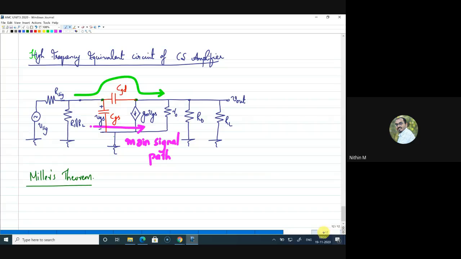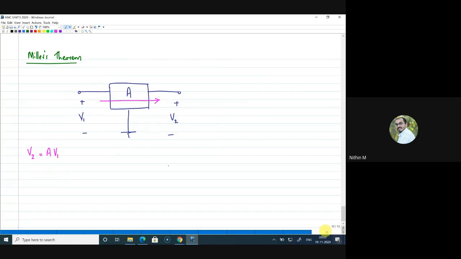So in this box, I am including that from input to output there is some impedance sitting, and I am calling this Z. The main signal path is shown in pink, and the additional interaction is through this impedance path of Z.